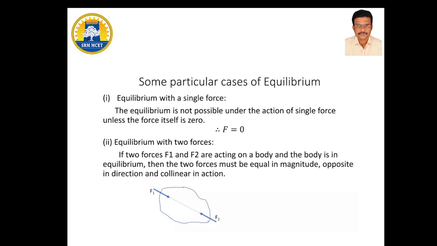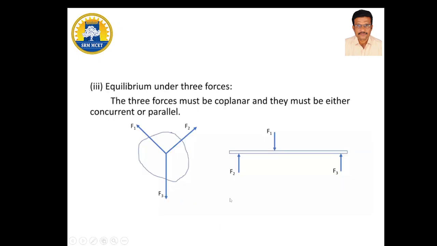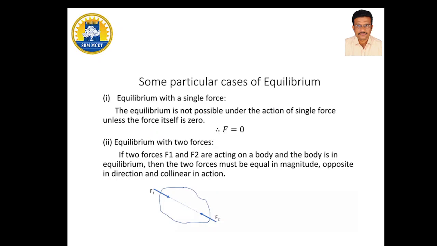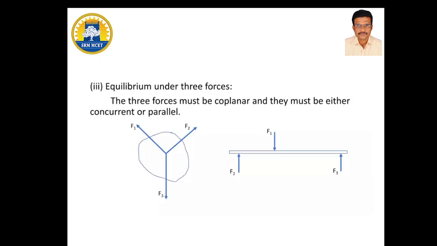For two forces F1 and F2 acting on a body in equilibrium, the two forces must be equal in magnitude, opposite in direction and collinear. The third case is for three forces: the three forces must be coplanar and they must be either concurrent or parallel.